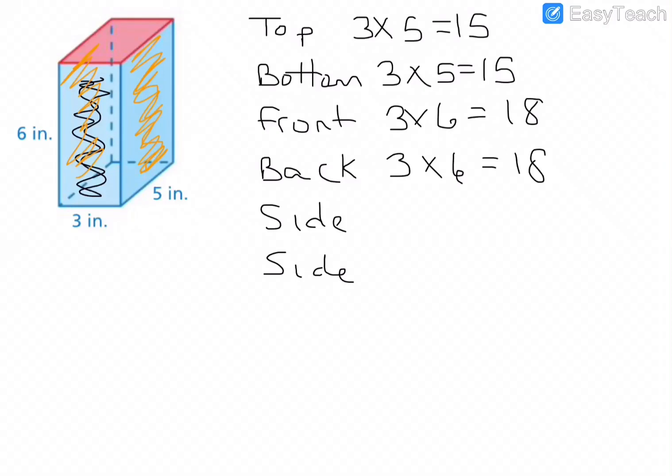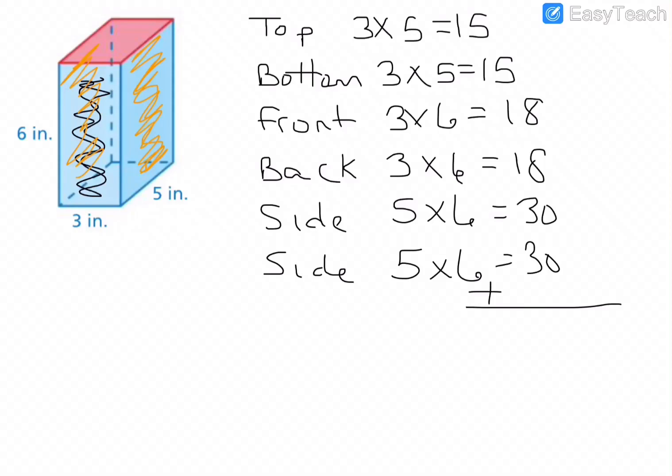So we're looking at 5 times 6, which is 30, and 5 times 6, which is 30. Now I'm going to add up all 6 of these numbers to find my surface area.